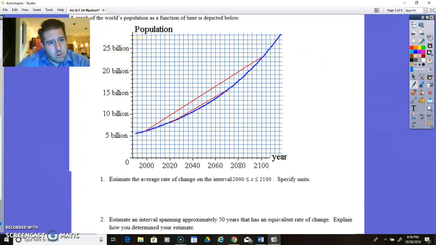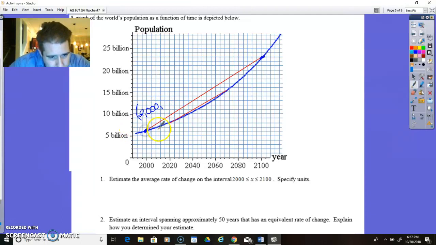Now, graph the world's population as a function of time below. Estimate the average rate of change when x is between 2000 and 2100. It's at 2000 right here, and at 2100 right here. So at 2000, let's say it's about 5.2 billion.